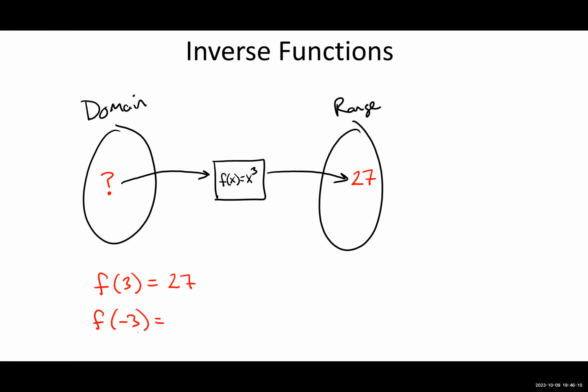Negative 3 times negative 3 times negative 3 is negative 27. So if I say I ended up with a positive 27, you know it has to have come from 3. And that's what inverse functions are doing. They're going backwards. They're starting with the output, going back to the input.